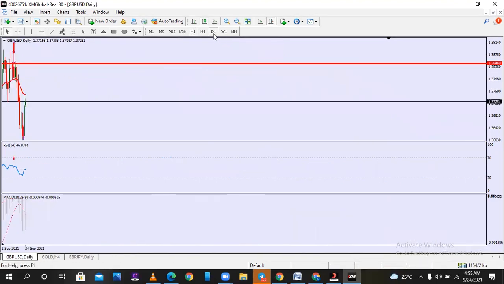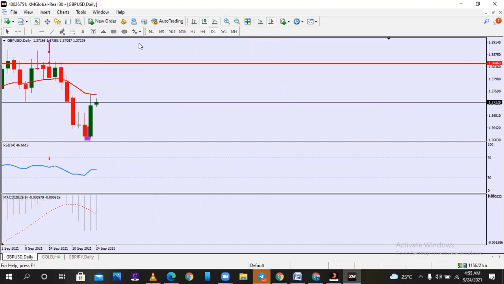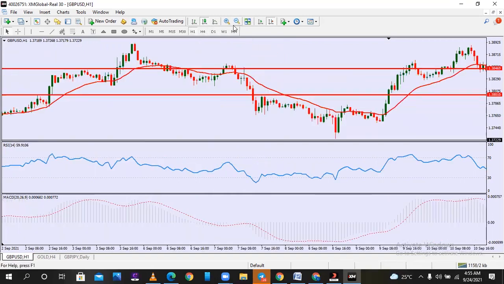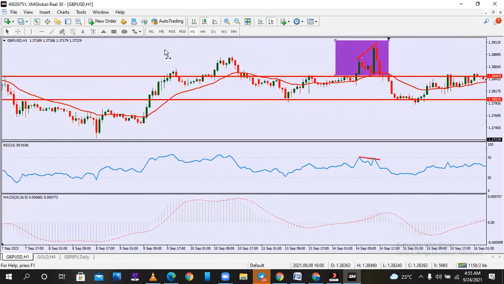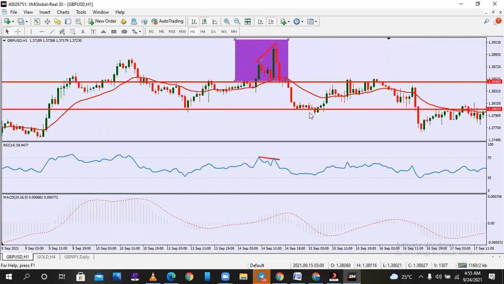Now, at the end of the day, we want to see if there's actually a close below that region. And yes, we have a close. This is the bar that closes below that region, and the bar closes here at the end of the day.